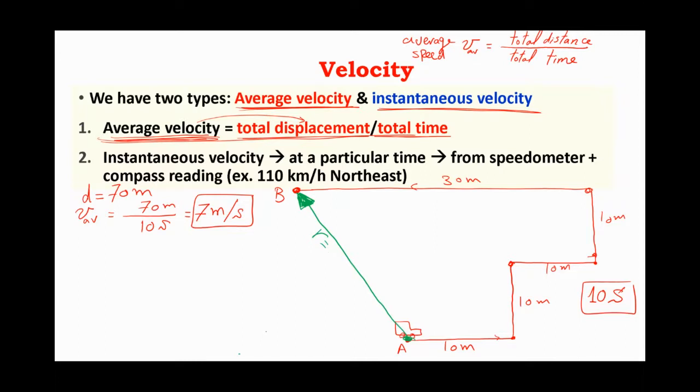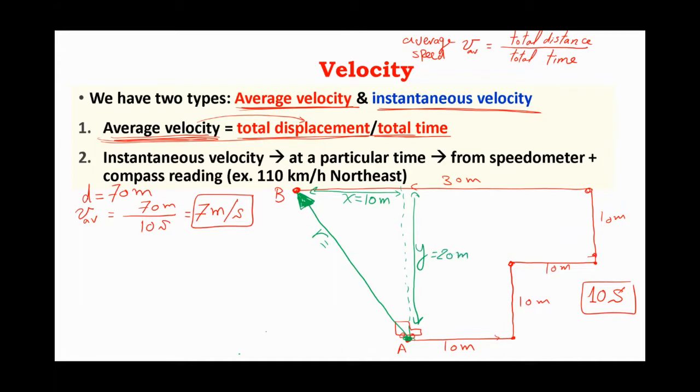How to get R? To get R, you need to calculate the value of X and Y. This is X, and the vertical is Y. What's the value of X, guys? X equals what? 10. That's right, 10 meter. And Y is 20. That's right.